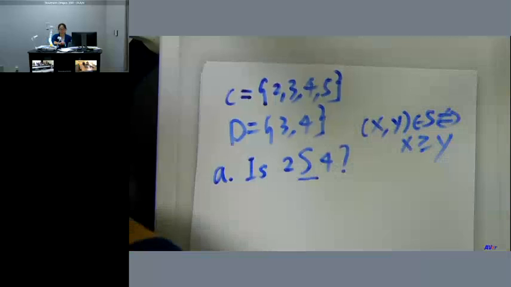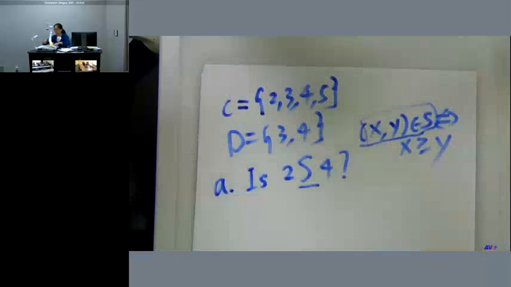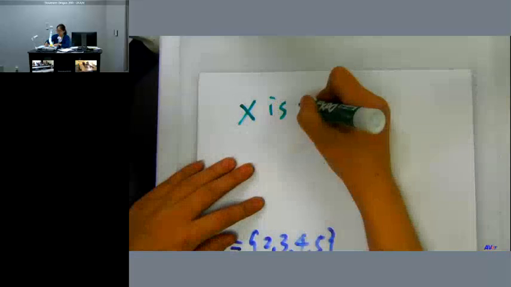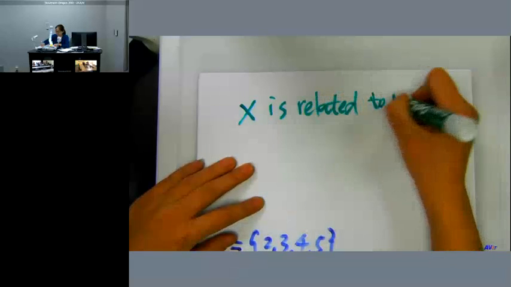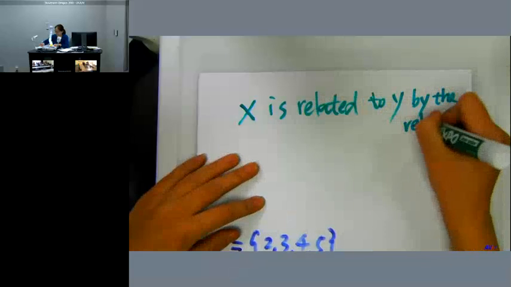Okay, what does this mean? How does this relation define two numbers related? If you can call x, well, this is a different way to write two numbers related. If you remember, we mentioned, okay, so when in English we say, okay, x is related to y by this relation s.